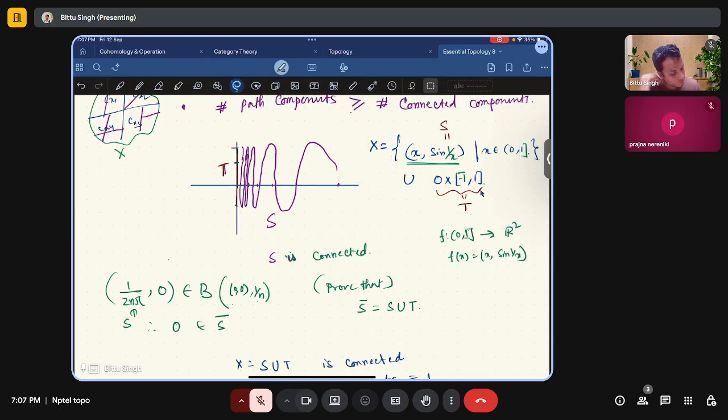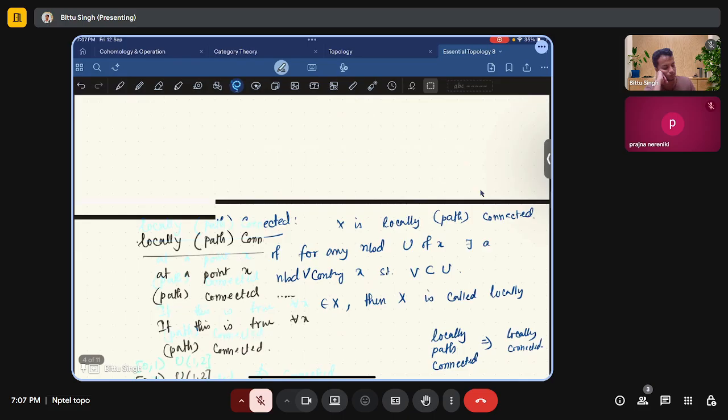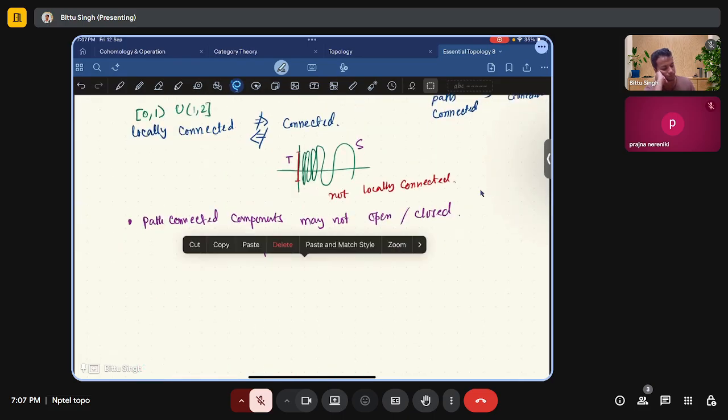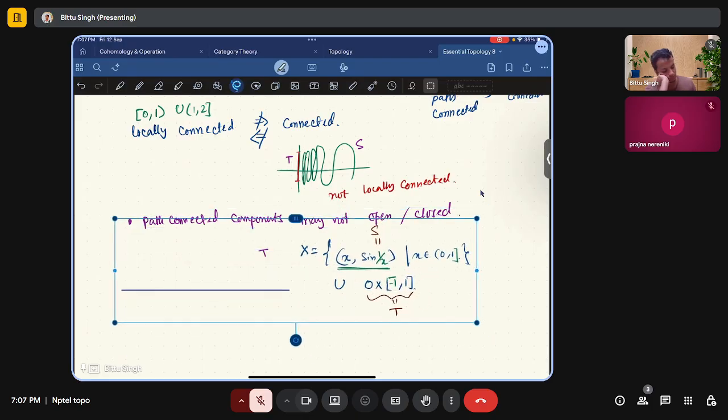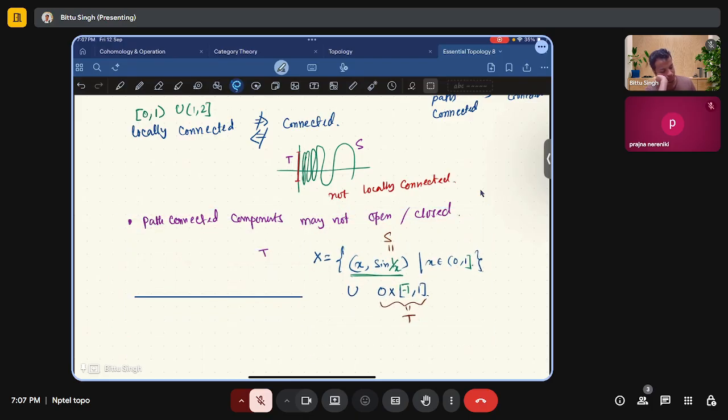Just a little modification is needed. If we choose 0 comma open 1, then S is actually not closed, right?